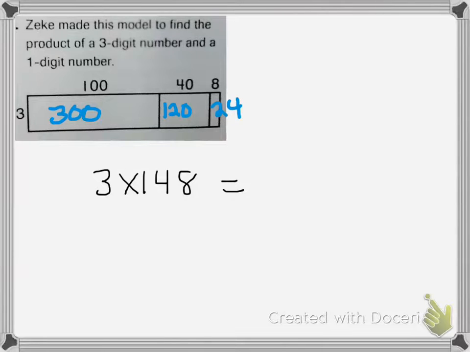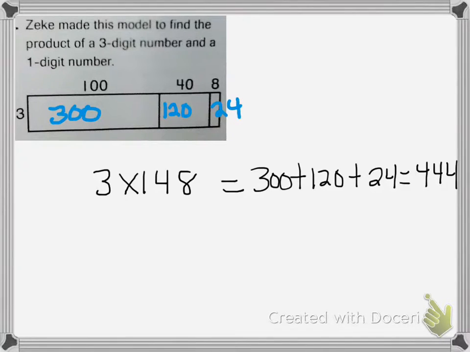So you could have added 300 plus 120 plus 24, which would be equivalent to, let's see, 300 plus 120 is 420 plus 24 is 444.